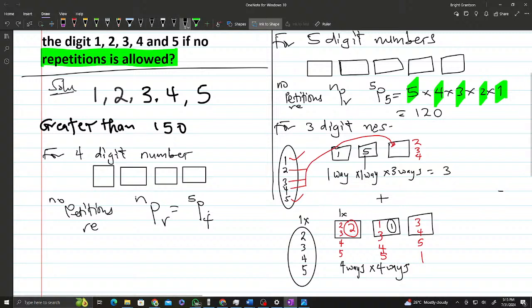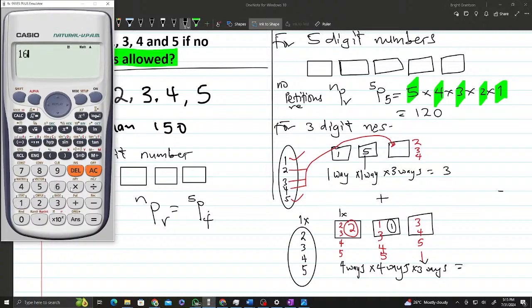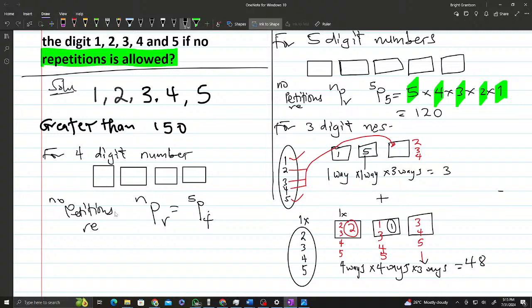Right. So over here, when you multiply 4 times 4, 16. 16 times 3, 48. So now I'm going to add all these possibilities.